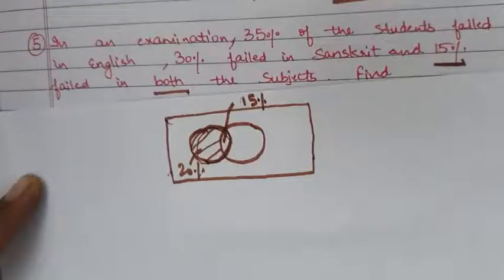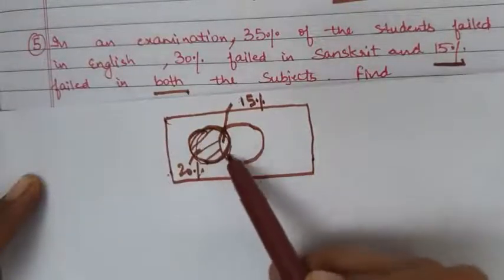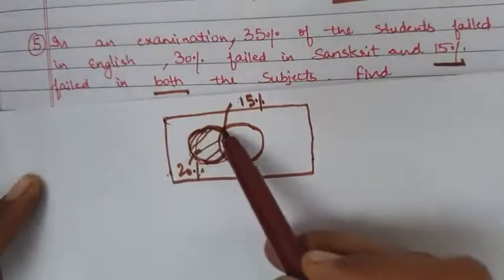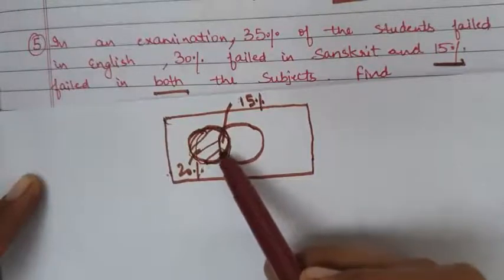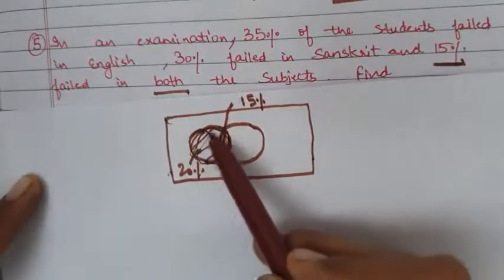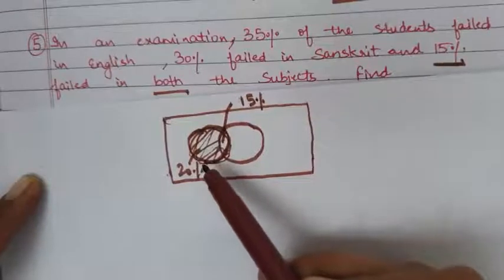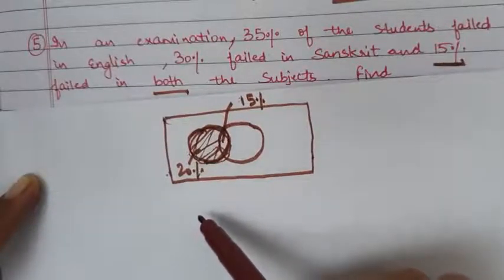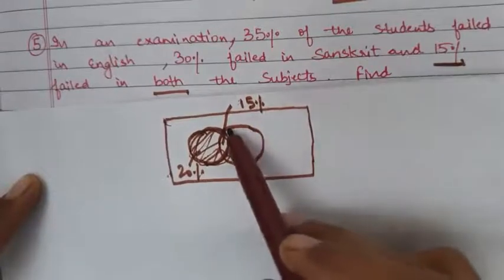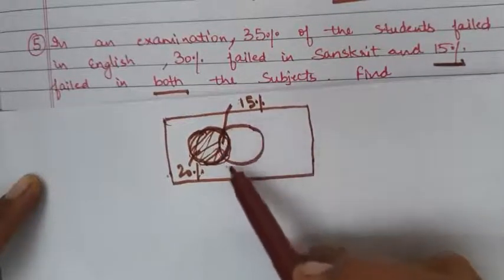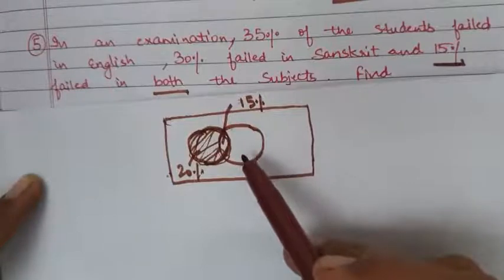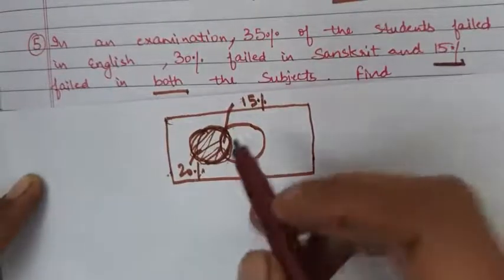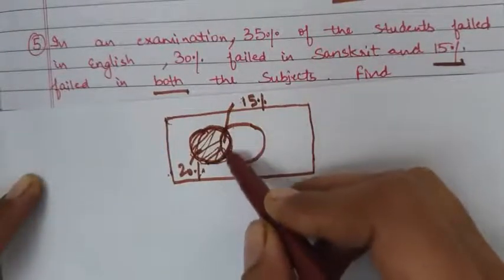Fine? Because this is the whole 35%, and 15% is subtracted, so you get only English failures, they are 20%. In the same way, 30% of the children failed in Sanskrit. So 15 is there.